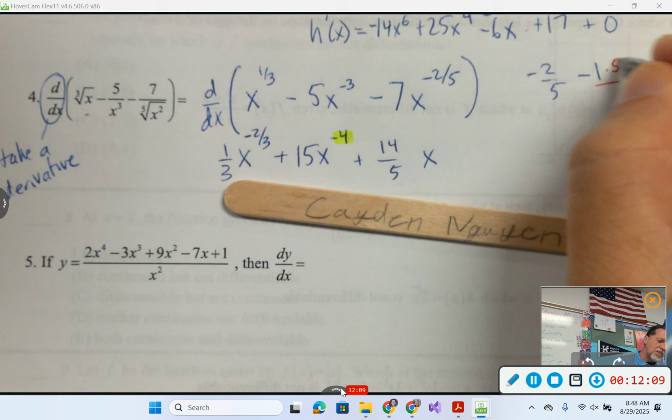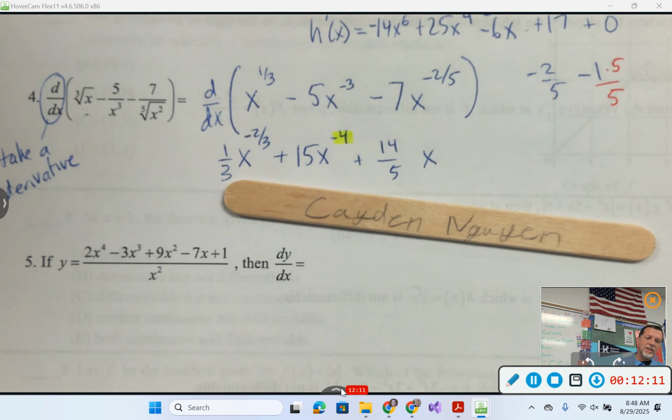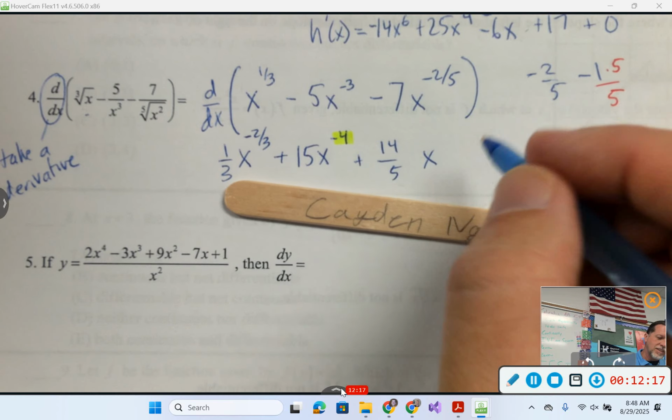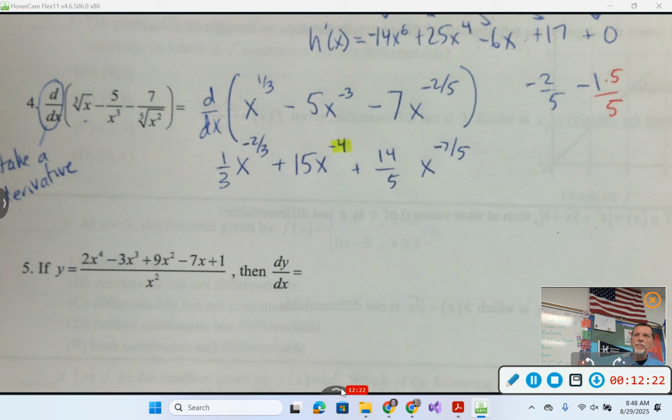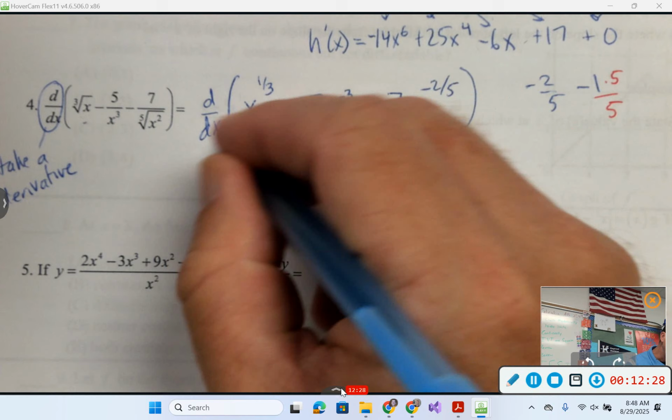Sometimes just seeing it out to the side, maybe. So negative 2/5 minus 5/5 would be negative 7/5. That's kind of a yucky one. That is an okay answer. Nothing wrong with that.